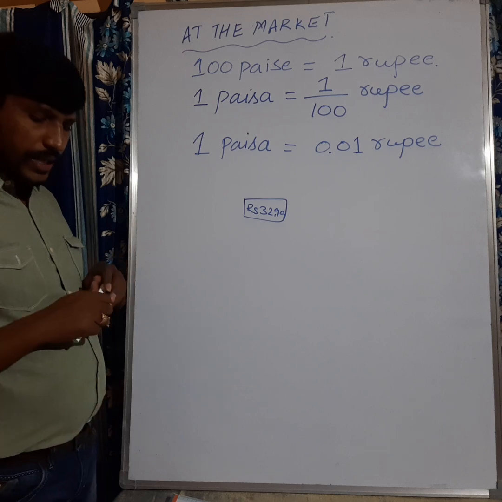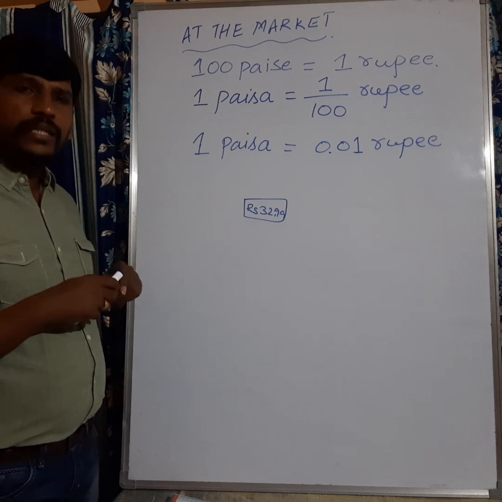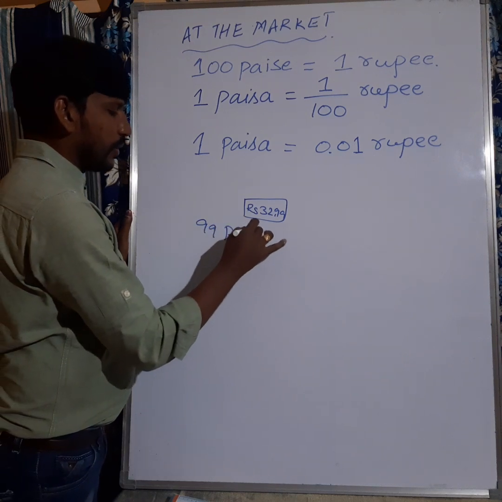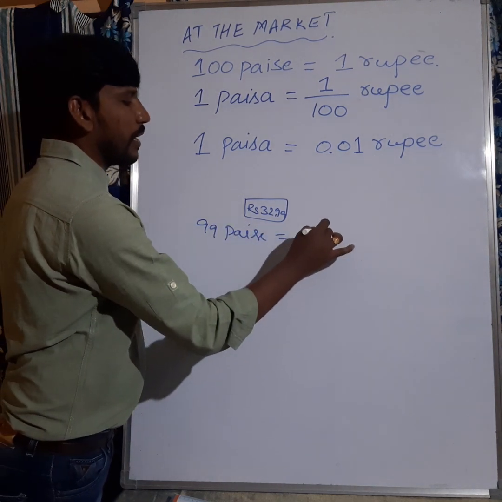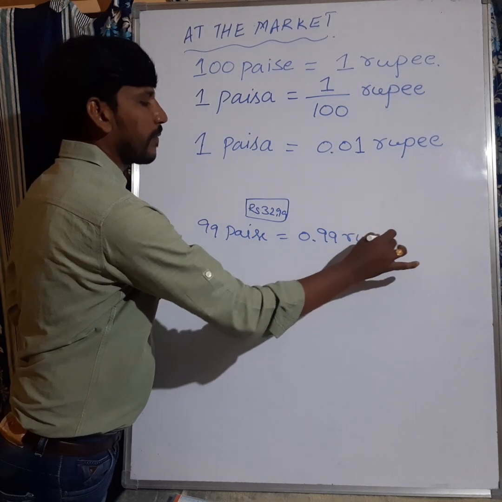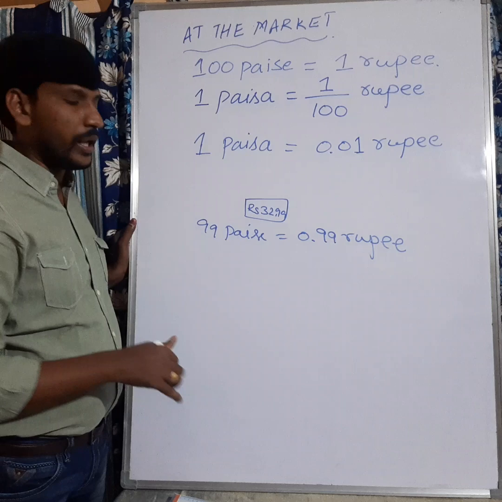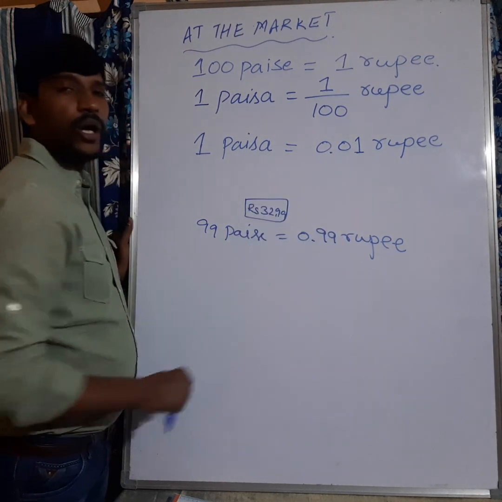Clear? So that is why we write 99 paisa, and this 99 paise can be written as 0.99 rupee. Clear, my dear sir? 99 paisa can be written in terms of rupee as 0.99 rupee.